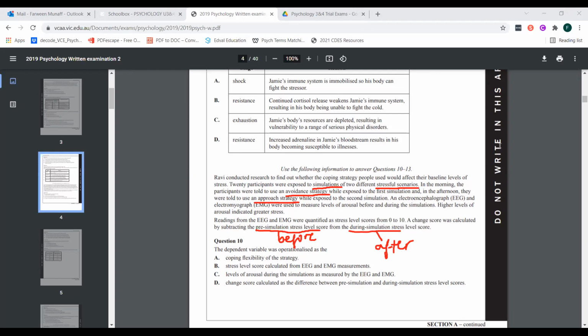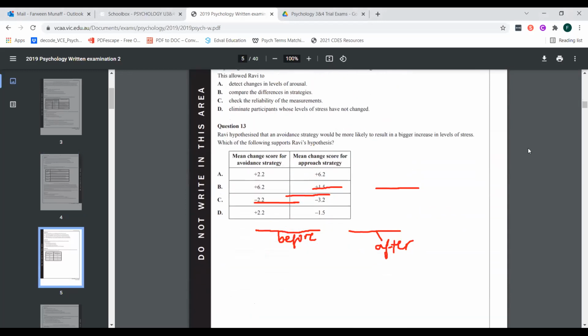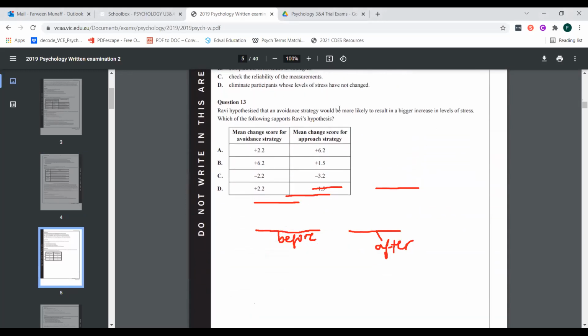Okay, so that's the scenario. So let's have a look at what the question is. Ravi hypothesized that an avoidance strategy would be more likely to result in a bigger increase in levels of stress. Which of the following supports Ravi's hypothesis? If we use an avoidance coping strategy, which one is more likely to occur? That's basically what he's trying to say. So in terms of the increase. This is actually a really funny question.